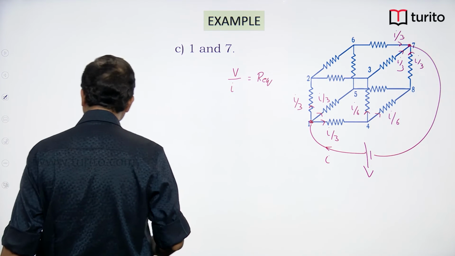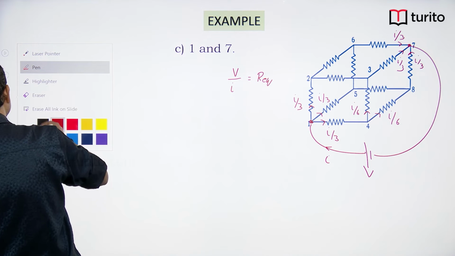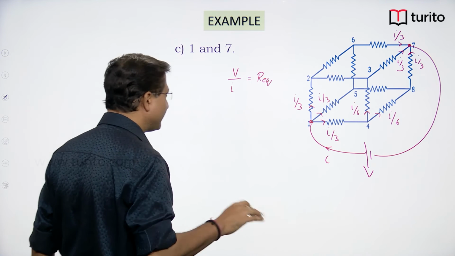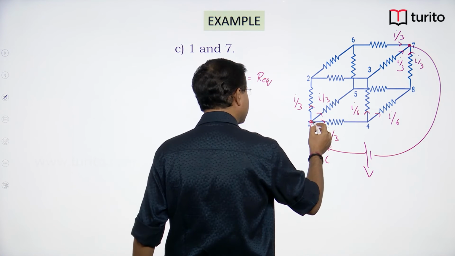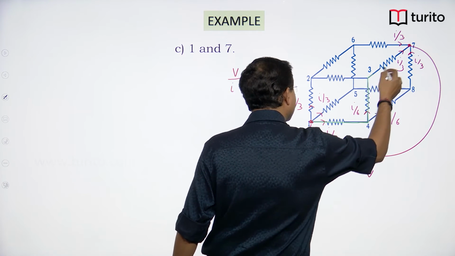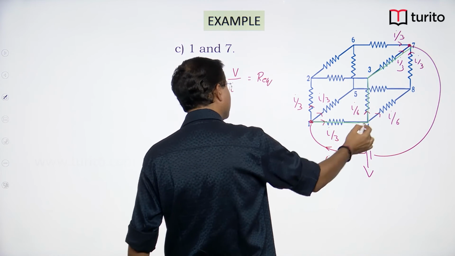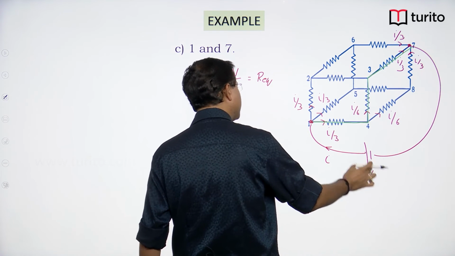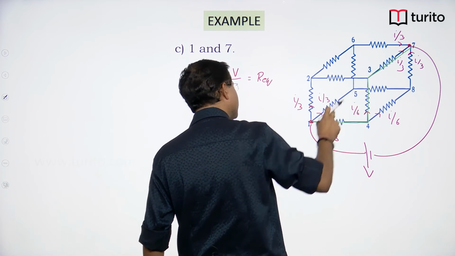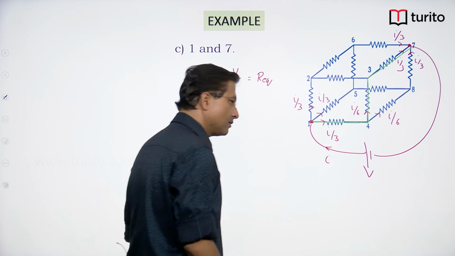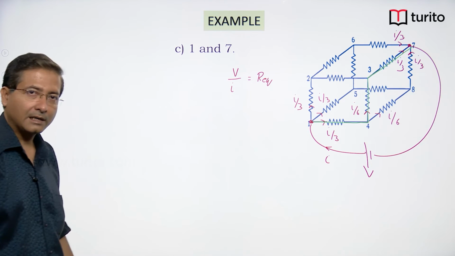If I select a particular branch, or any branch, say this branch to reach 7, this voltage will get divided into 3 parts, right.